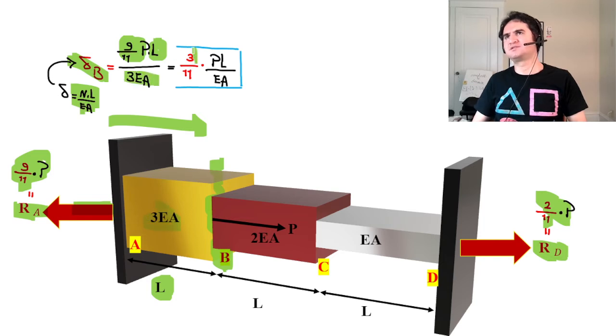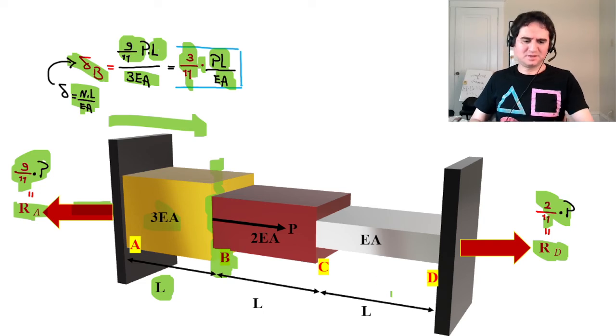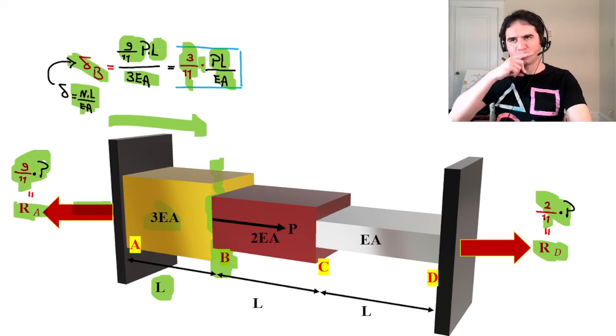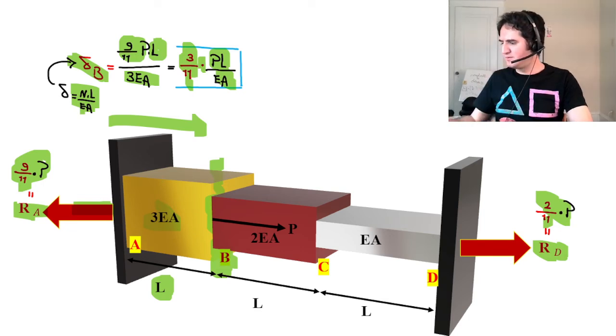Do the math, it gives you 3 over 11 times PL over EA. That's delta at point B. You can calculate likewise delta at C. That was solution one, which is a very simple solution to this problem.